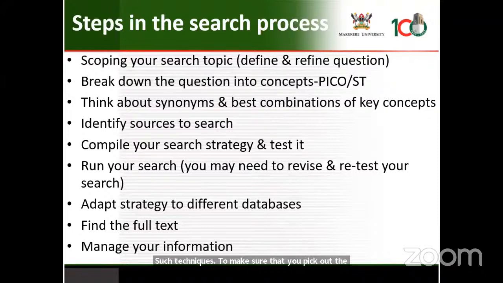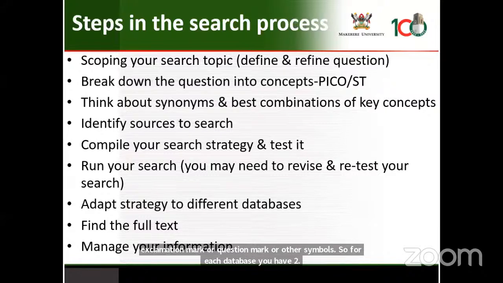Then you adapt the search strategies to the different databases. Remember, each database has its own symbols that they use. In PubMed, they use an asterisk. You may find in another database, they use either an exclamation mark or a question mark or other symbols. So for each database, you have to adapt the search strategy that you have developed.